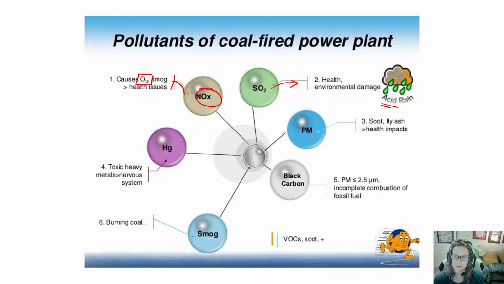PM10 are those particles, like soot and fly ash, and that can get into our lungs and cause respiratory issues. Black carbon, the black lung disease like the miners get. And then good old smog from burning the coal, and mercury, toxic heavy metals, and like we said, it can affect your nervous system and some brain functions.